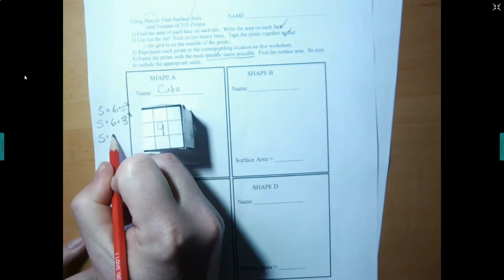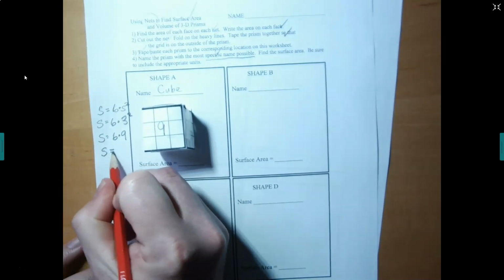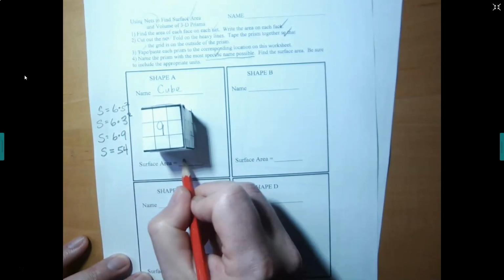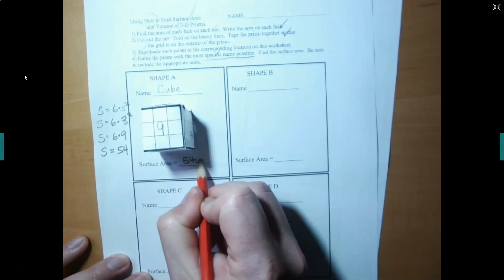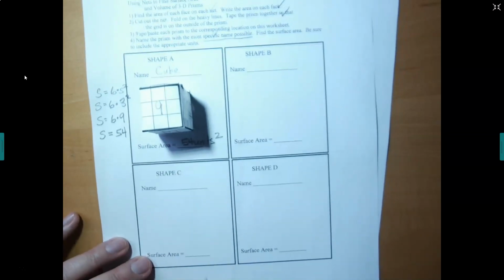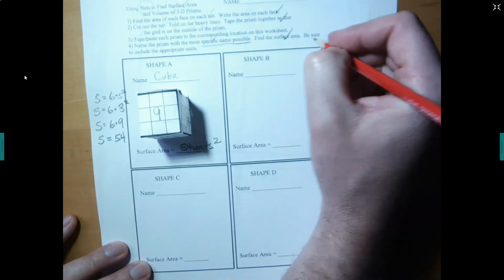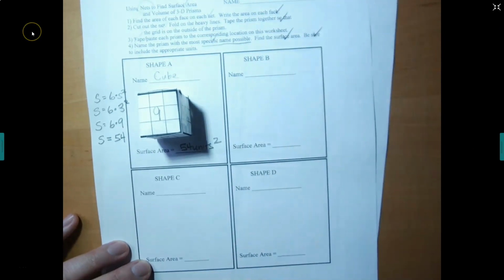Exponents come before multiplication, so we have to say 6 times 9. So our surface area is going to be 54. So I'll say 54 units squared. Alright, so that, okay. Find the surface area. Did that. Be sure to include the appropriate units, and I did that as well.